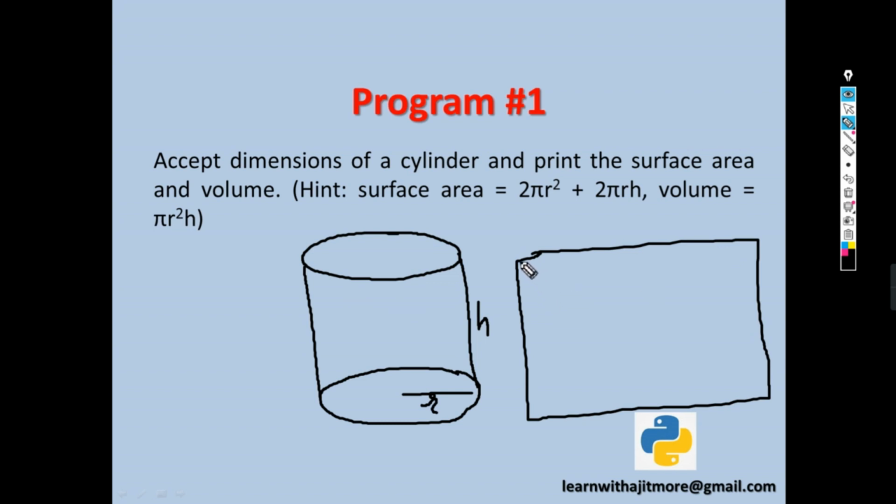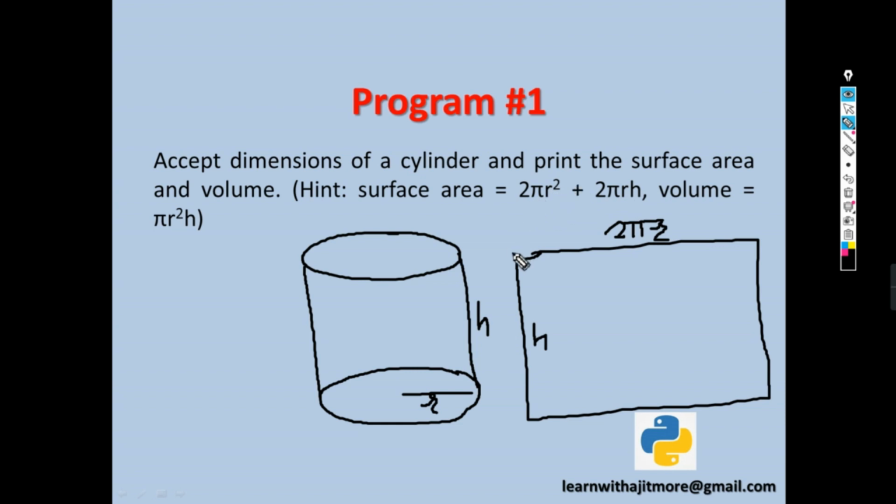And what will be the width of this rectangle? The circumference of the circle, which is 2 pi r. Right? And the height is h. So the area of the rectangle is length into breadth. So it is 2 pi r h, which I have shown here.